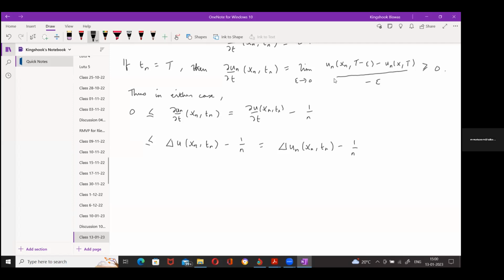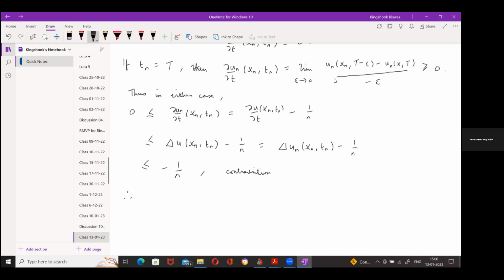And un in the space variable, because xn is in the interior of the domain D, I know the Laplacian will be less than or equal to 0 at a maximum. So this will be less than or equal to minus 1 over n. But that's a contradiction, right? Is that clear? So that proves the claim.